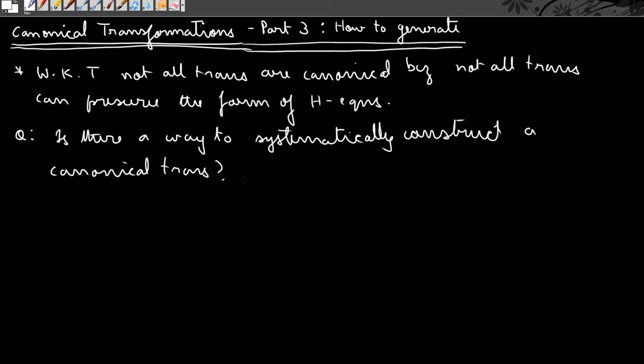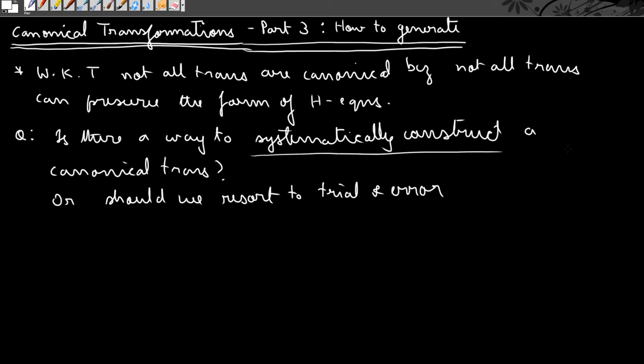So I am asking, is there any step-by-step way of constructing a canonical transformation, or should we resort to trial and error, which means we come up with a transformation and check whether it's canonical, as we have seen in our previous video? The answer to this question is indeed yes, and we are going to see how to do this in this video.